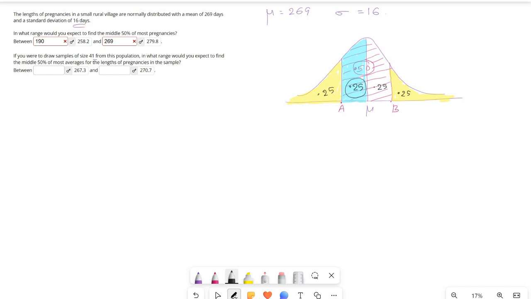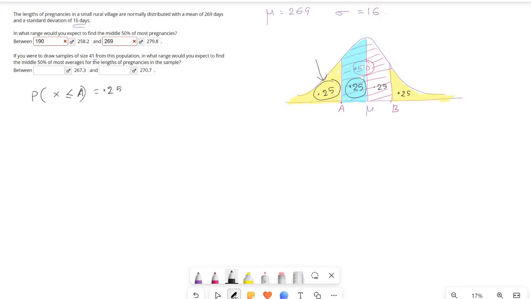So how will you find A and B? If we take this yellow region, it is the probability that X is less than or equal to A, and that will be 0.25.